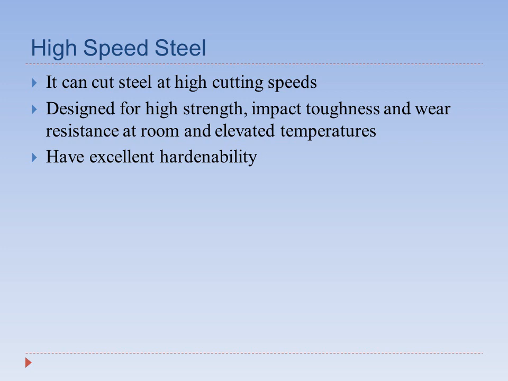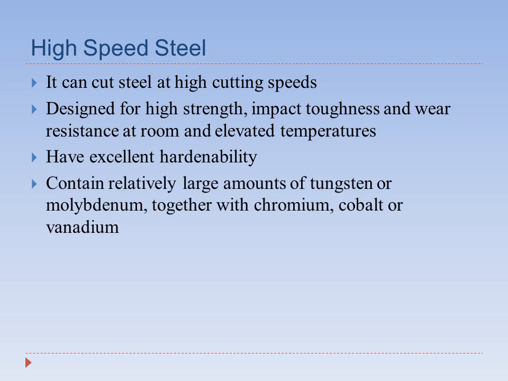It remains hard even at 650 degrees Celsius, since we use them for cutting the job pieces. During this cutting operation we get very high temperature at the contact point, and even then the high speed steel does not lose its hardness, because of its excellent hardenability property.